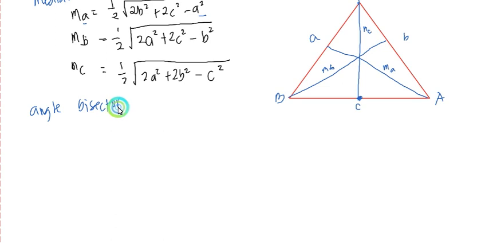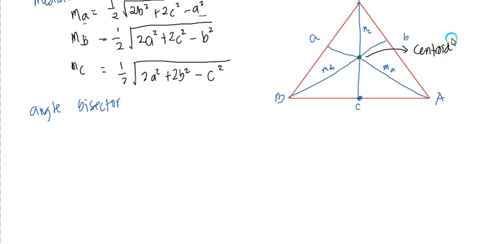The angle bisector of a triangle is the segment from a vertex that bisects an angle and extends to the opposite side. It divides exactly in half the angle of our triangle. Let me go back to this concept: the point of intersection of our medians is called the centroid. This one is called the centroid.